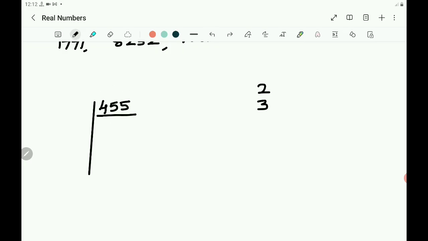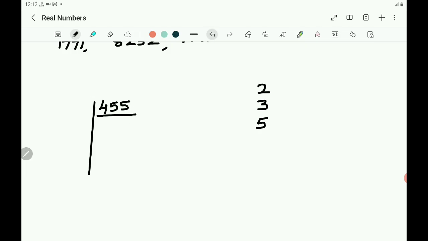Next, you try the next prime number, 5. After 2 and 3, what is the next prime number? 5. So before dividing, check whether 5 is a factor of 455 or not.